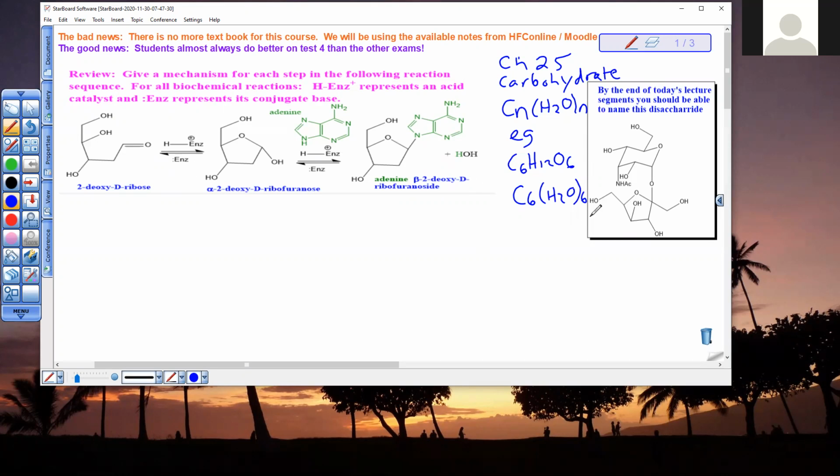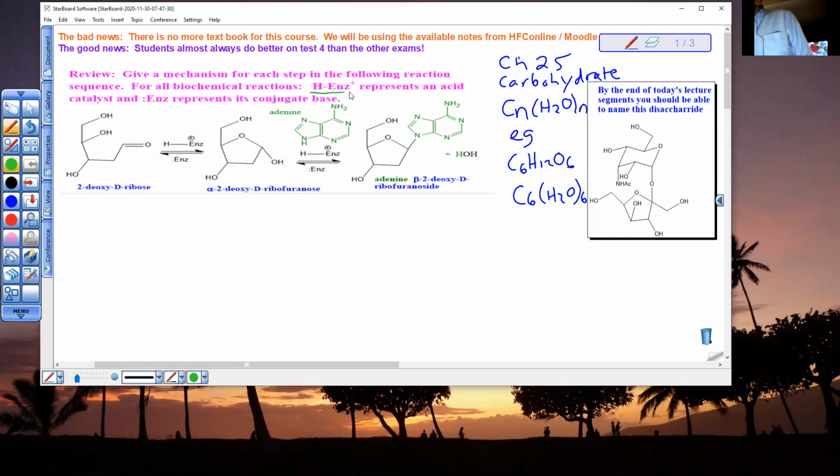Our goal for the end of the day is to be able to name disaccharides and monosaccharides for that matter. We'll start with monosaccharides. And we have to use some resources that are available to us for our exam. But right now, let's do a review mechanism with a little new, I wouldn't even call it a twist.